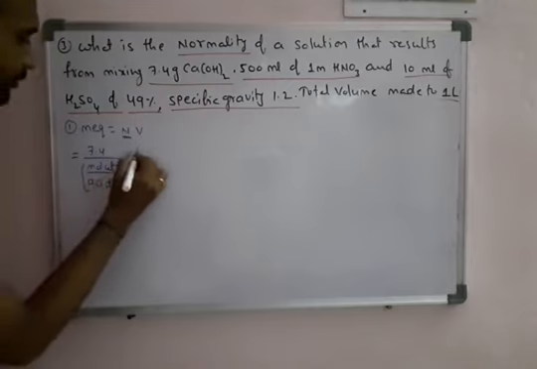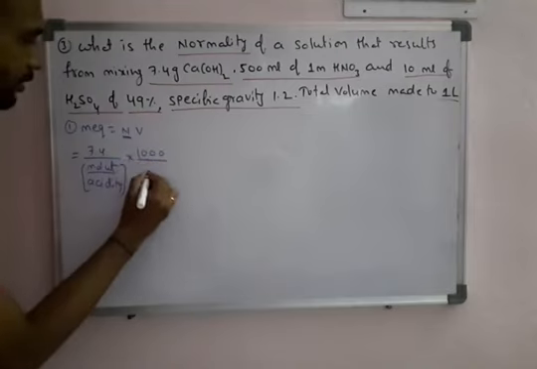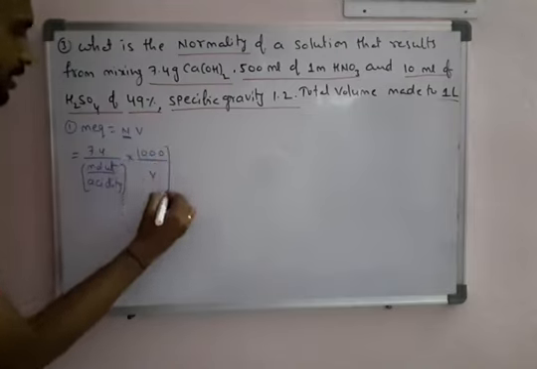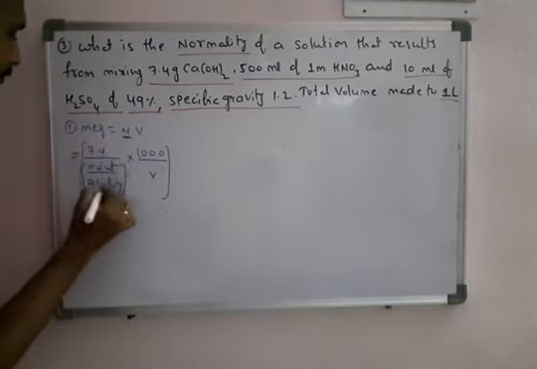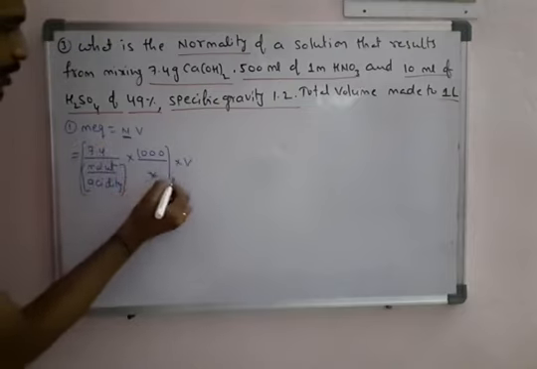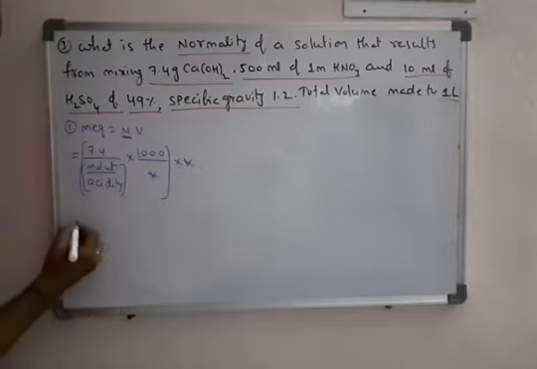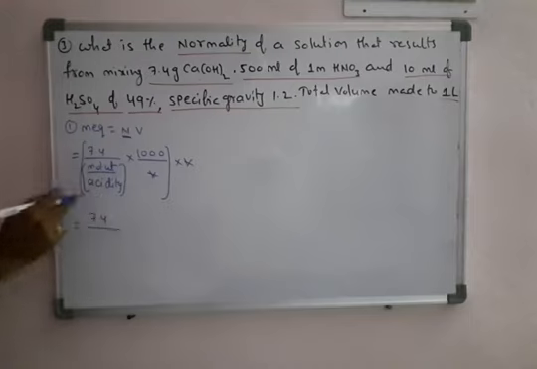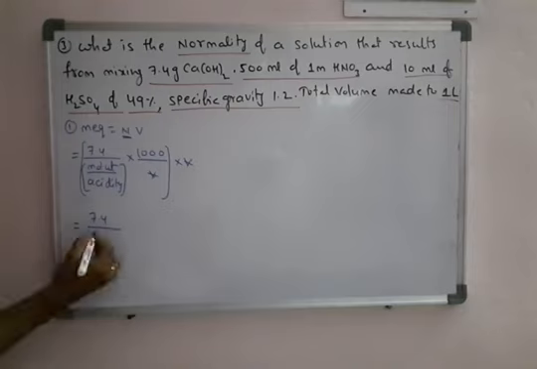Multiplying by volume, the volume terms will be cancelled. Here we get 7.4. So what is the molecular weight of calcium hydroxide? Calcium hydroxide has calcium 40, 2 oxygens 32 and 2 hydrogens, so finally we get 74.